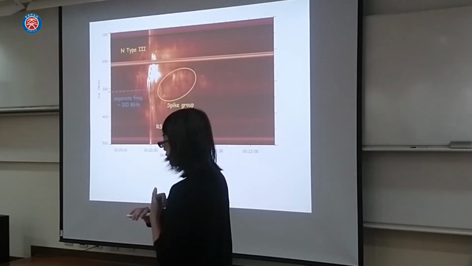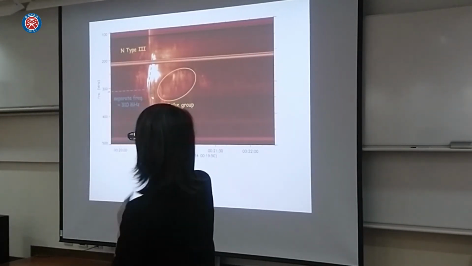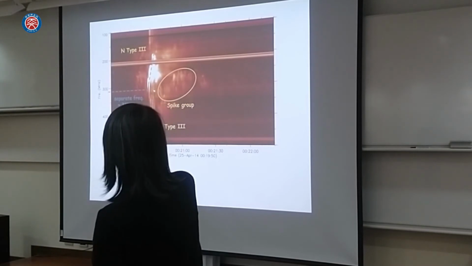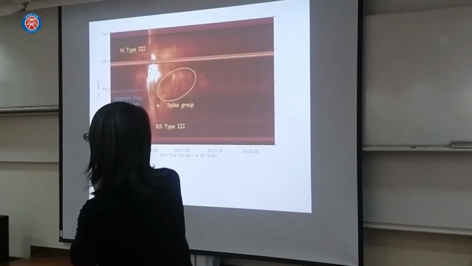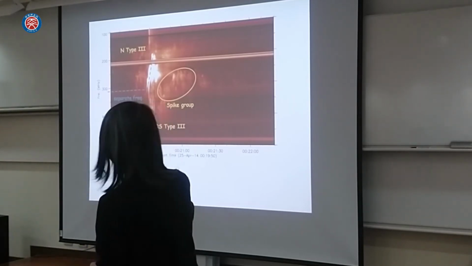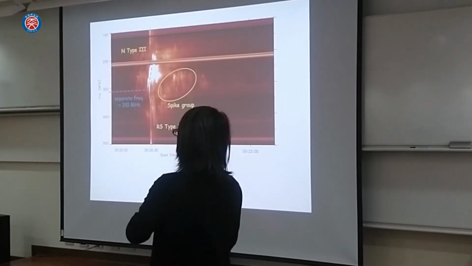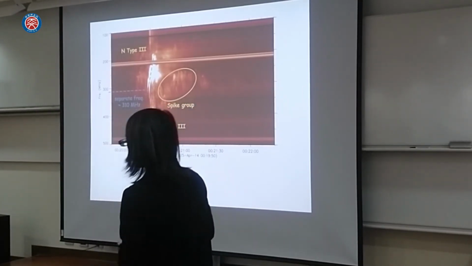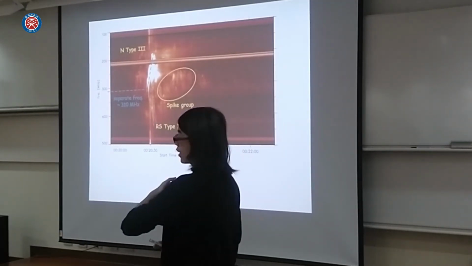That's the reverse type. As time goes by, the radio emission goes from lower frequency to higher frequency. So we call this the reverse type, and it is caused by the downward electron beam.